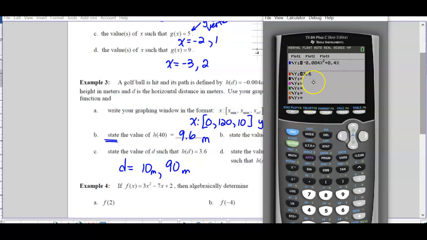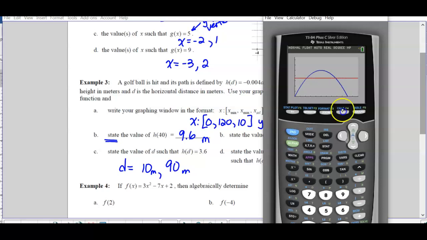Okay, and so we want to cursor down and change your Y2 to be 7. Now press graph. And you get those intersections.